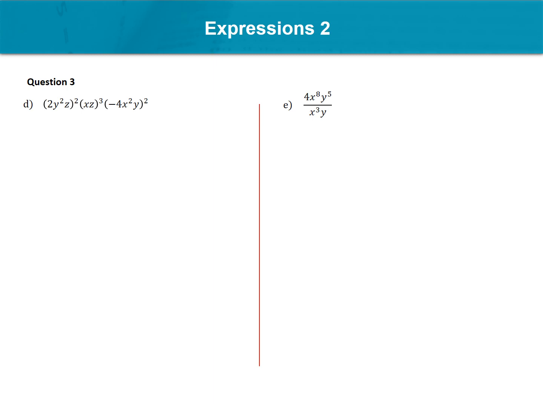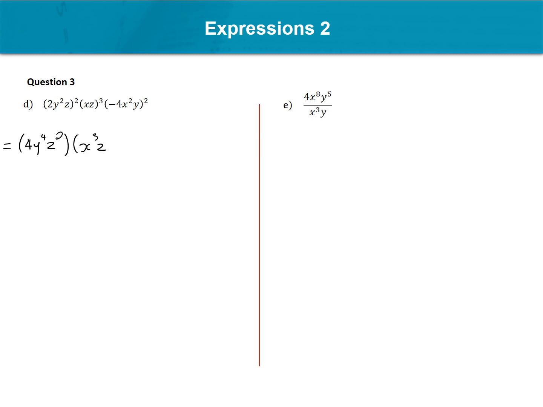So question 3D, we are going to have to multiply our exponents because we have brackets raised to a power. So let's start off, and we have 2 squared, because remember, always square the coefficient of the variable as well. Never leave that out. So 2 squared is 4. y, 2 times 2 is 4. And z, 1 times 2 is 2. Then we have x to the power of 1 times 3, which is x cubed.